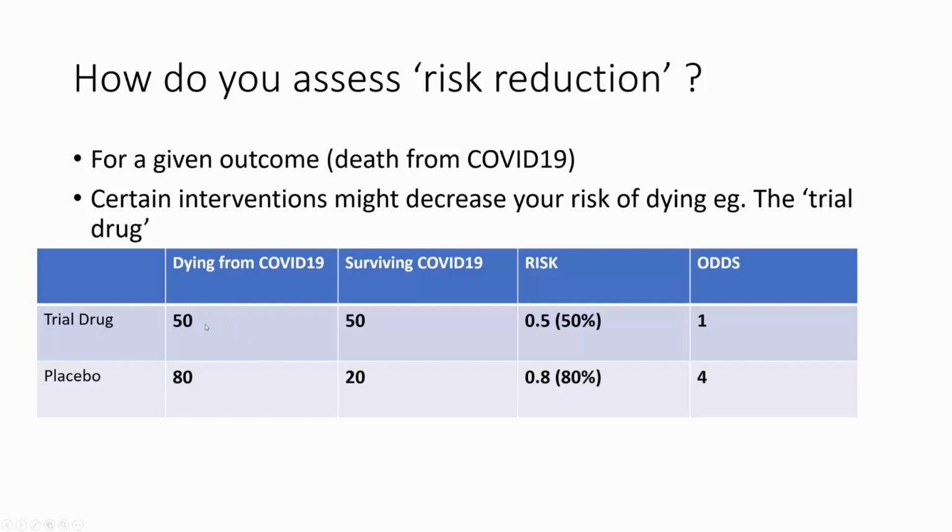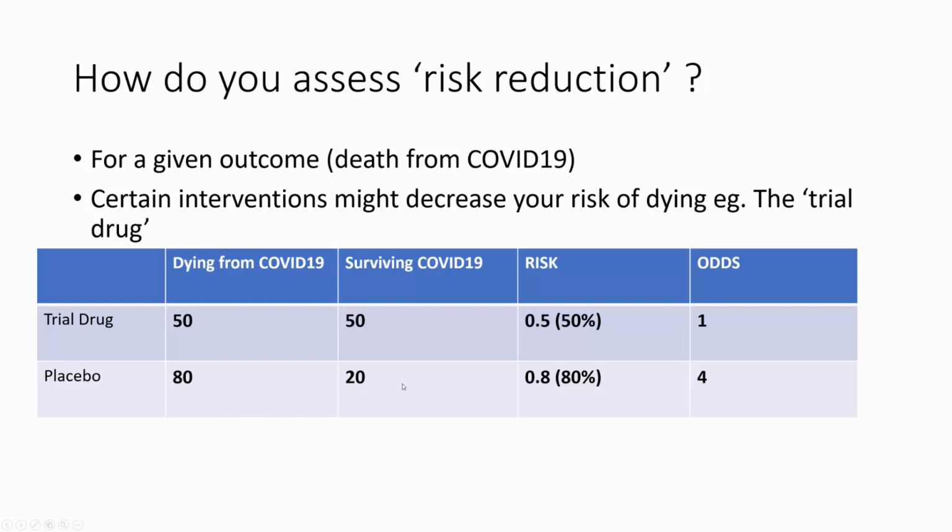The way to calculate it is 50 on both of these together. So 50 on 100, 50%. Whereas if you're on the control drug, a placebo or control group, your risk of dying from COVID is 80%. So that's 80 on 100.